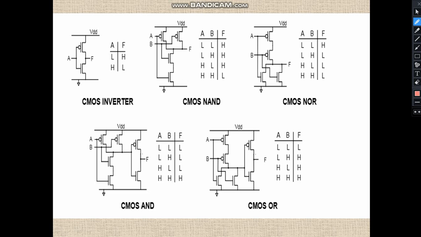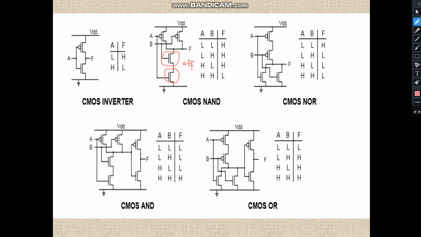We can explain this circuit diagram with the help of this truth table, or we can verify this circuit. For A equal to 0 and B equal to 0, meaning low condition, these two MOSFETs A and B are both in off state.